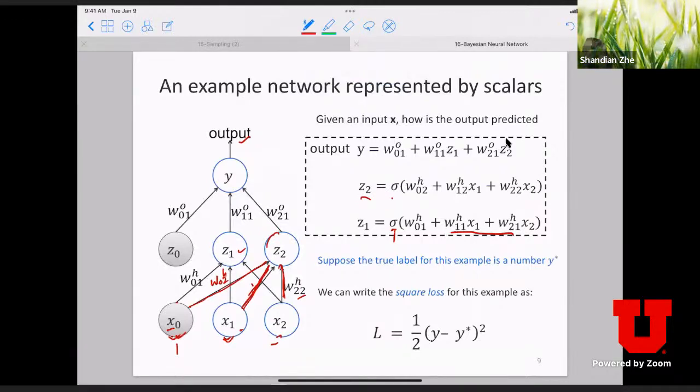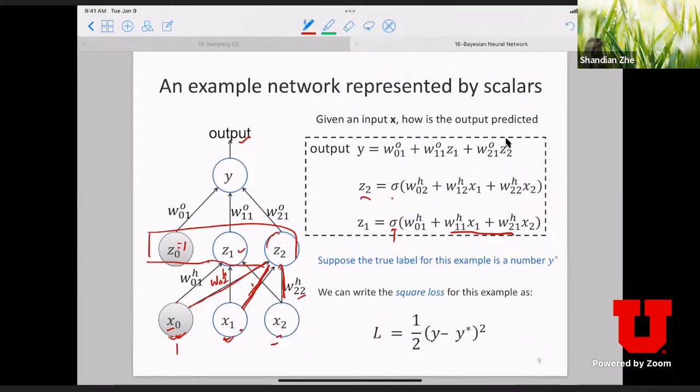And now we have finished computation of the output of neurons in the second layer. Remember, Z0 is simply 1. We don't need to compute it. And then we can use those values to compute the output of the neurons in the next layer, which is the output layer.